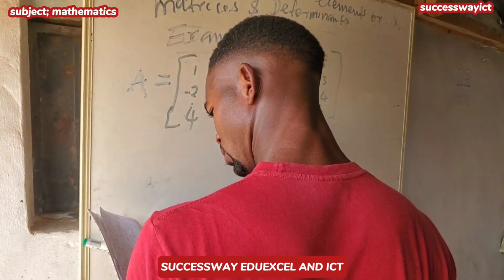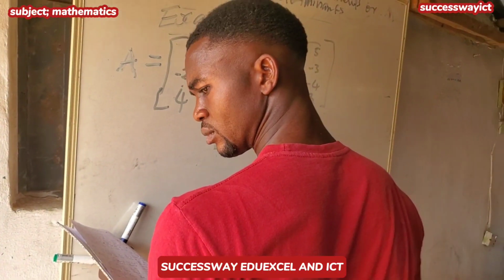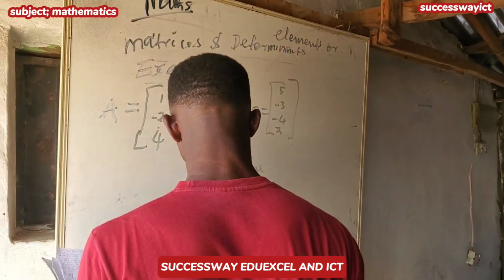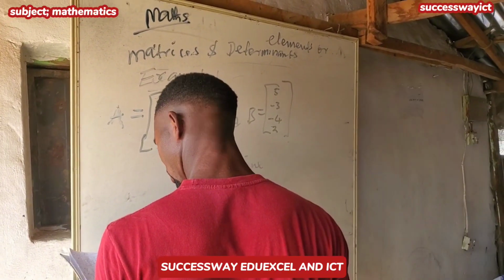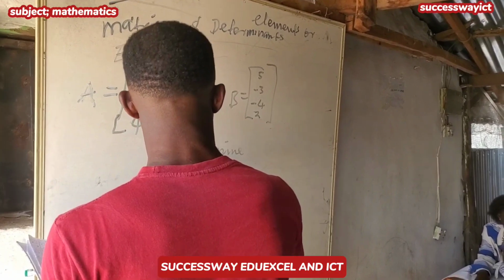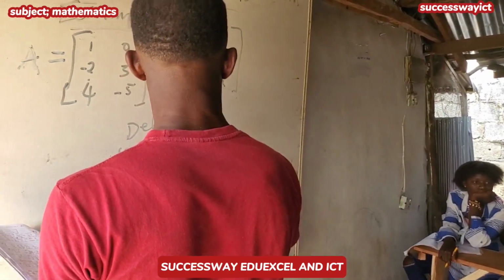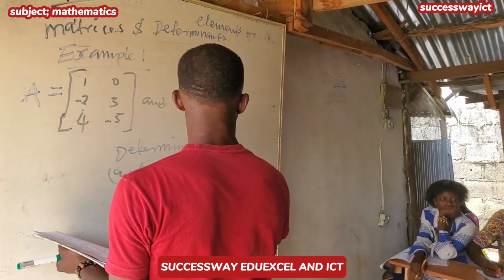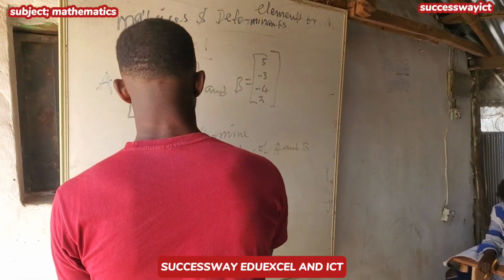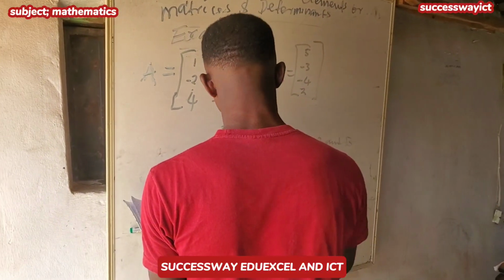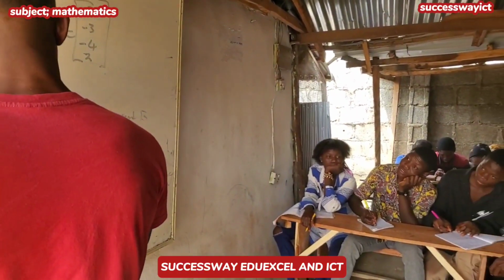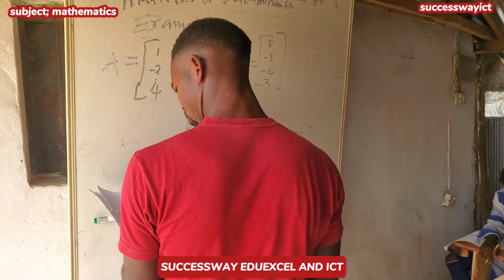Determine. Can you find this for me? A, the order of A and B. The B part of it, you find A.